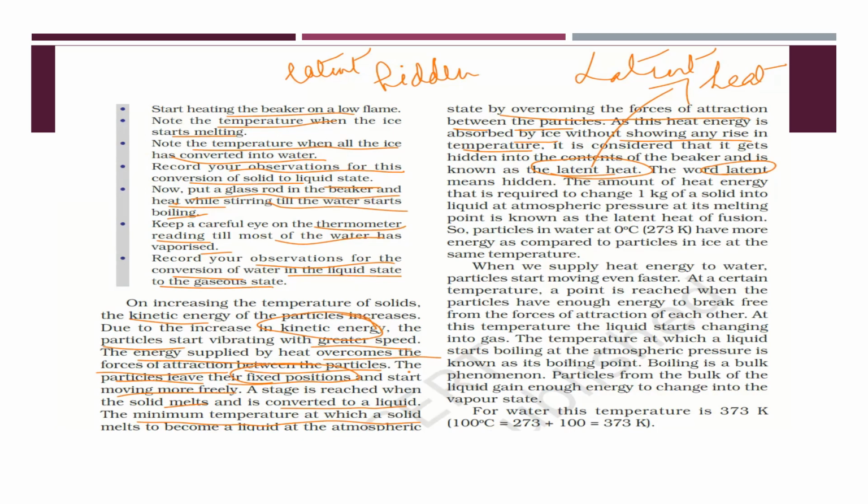We have already said that this conversion of solid to liquid is also called fusion, so we call it the latent heat of fusion. The particles of water at 0 degree centigrade, 273 Kelvin, have more energy as compared to particles of ice at the same temperature.